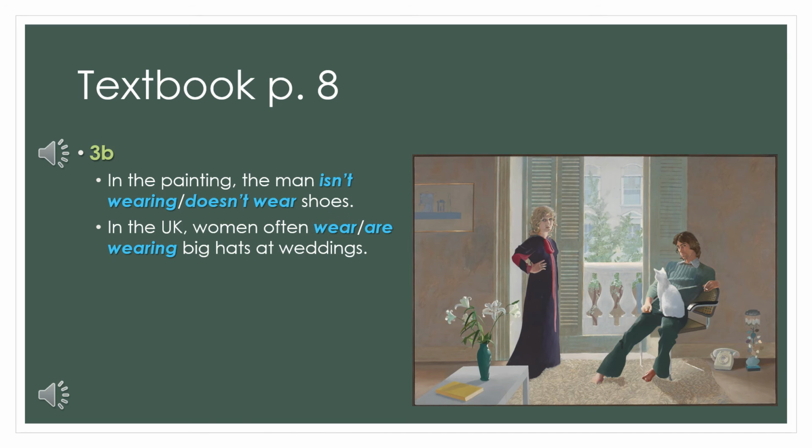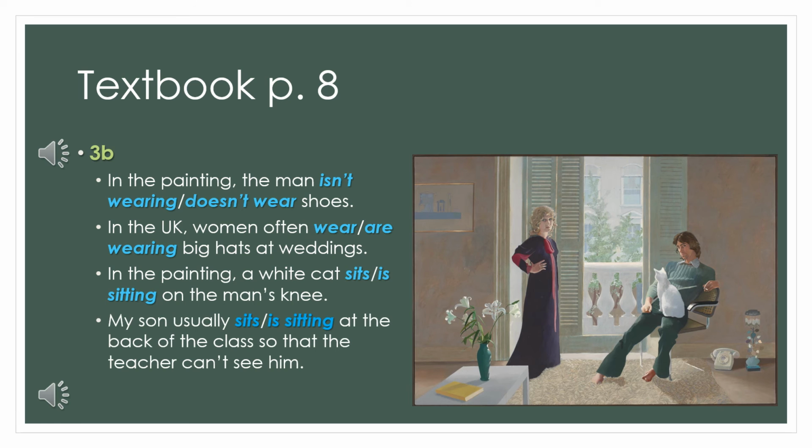In the UK, women often wear or are wearing big hats at weddings. In the painting, a white cat sits or is sitting on the man's knee. My son usually sits or is sitting at the back of the class so that the teacher can't see him.